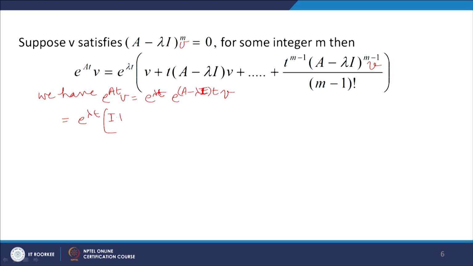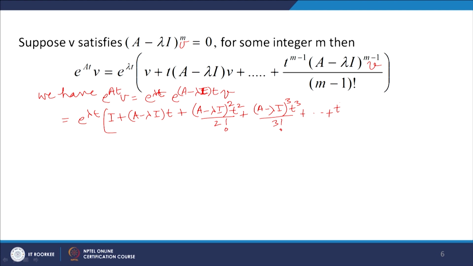So, I plus (A minus lambda I) t plus (A minus lambda I) whole square t square by 2 factorial, plus (A minus lambda I) whole cube t cube by 3 factorial, and so on. Okay.